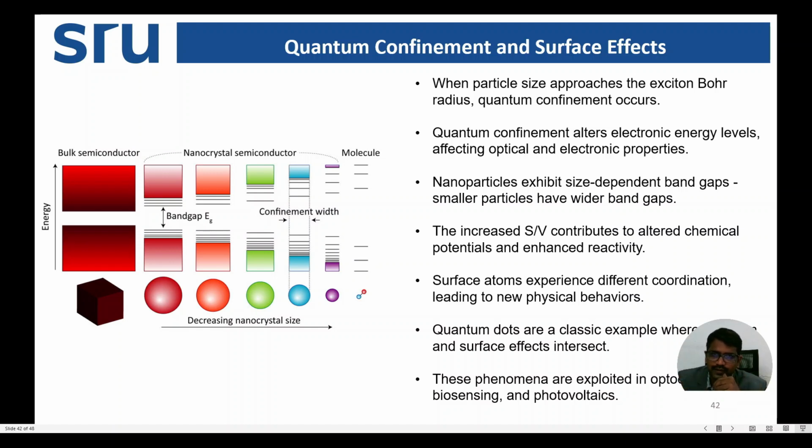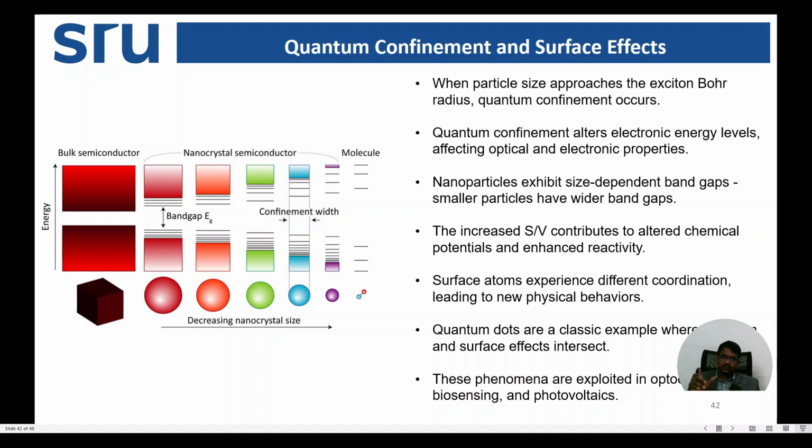So when the particle size approaches that small size, then we can observe this quantum confinement effect. This is very, very important. We cannot see the quantum confinement effect at micro size or macro size, because the size is very large.